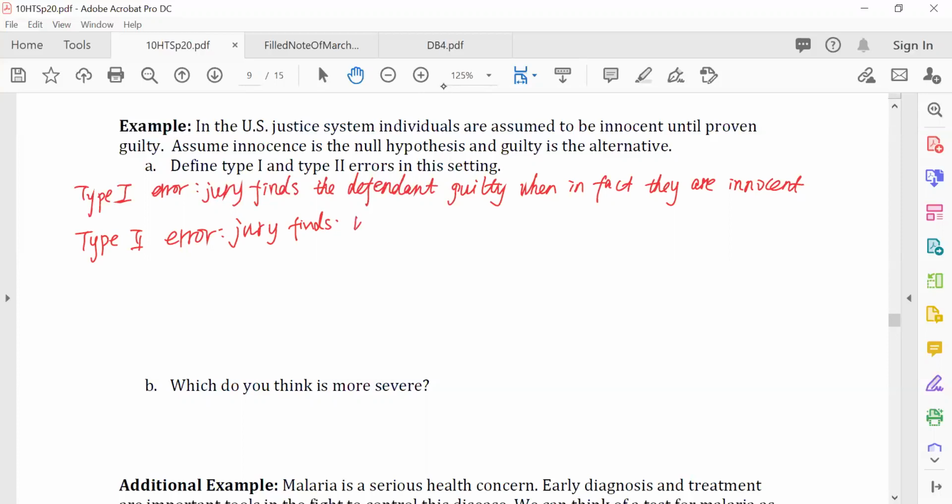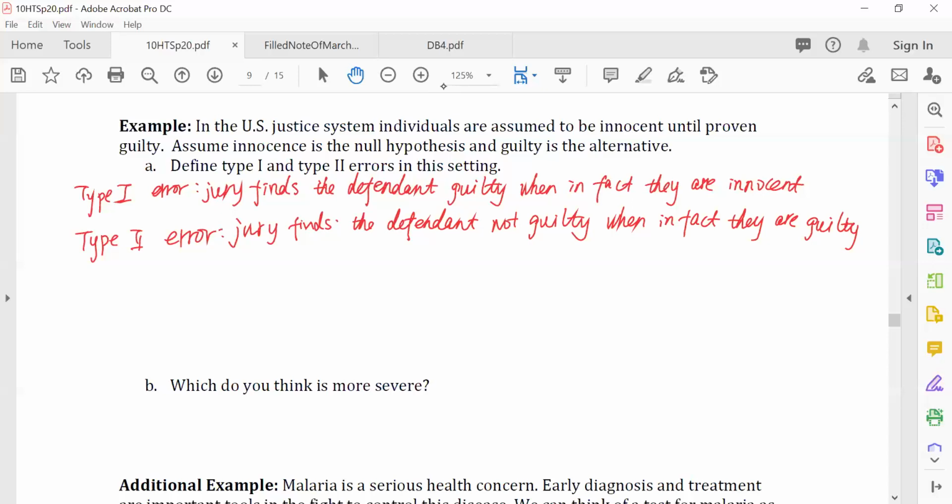I'm sorry for this terrible handwriting. Again, I couldn't write it very beautifully on this touch screen.